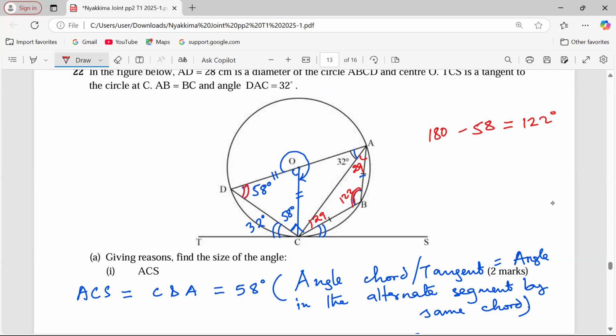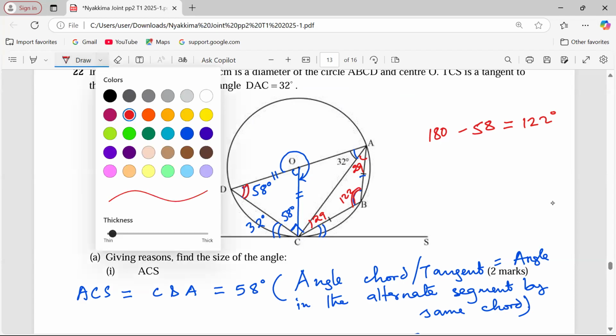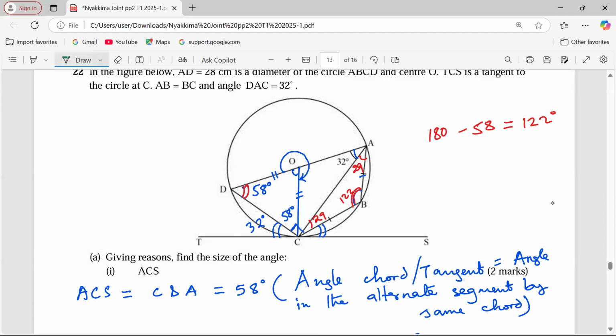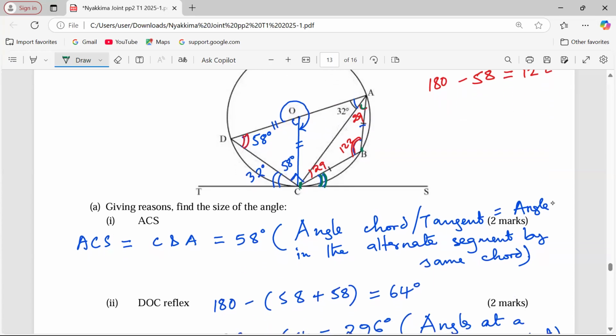Now, when the angle at A is known, we can easily get the angle at C. When the angle at C is known, we can still get the angle BCS. So we can say that the angle at A has been produced by the chord CB, and the same chord CB is making an angle with a tangent.